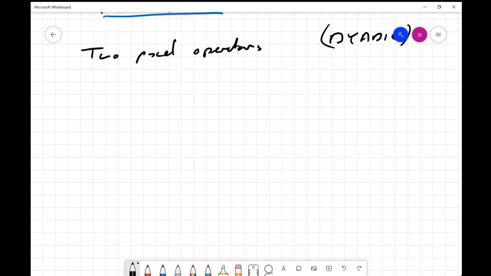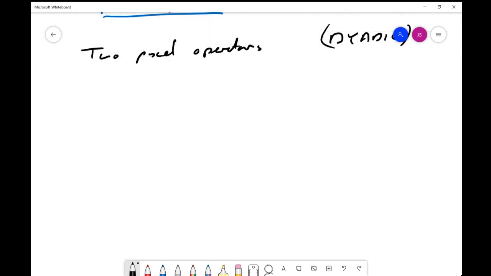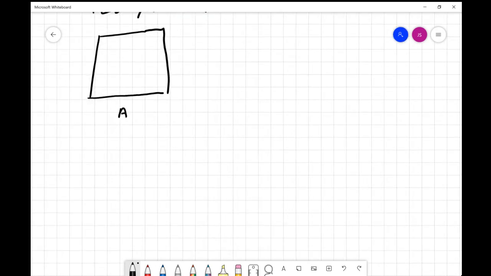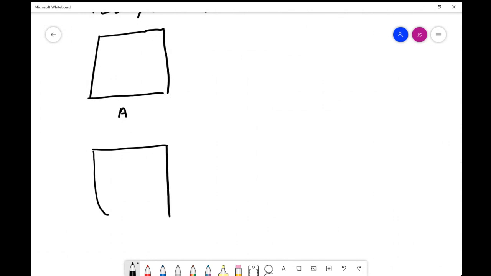The basic idea of a 2-pixel operator is you have 2 images. Let's call that image A, and we have image B. We extract a pixel from image A, let's call that Aij, and we have a pixel from B at the same location, Bij.